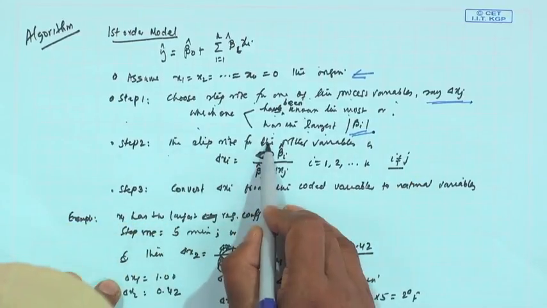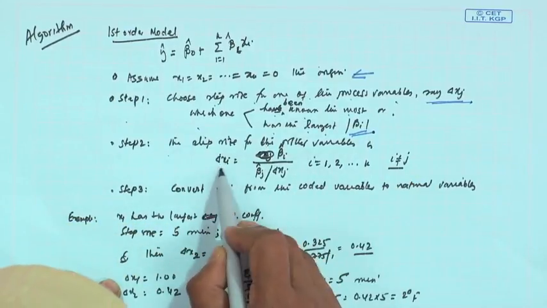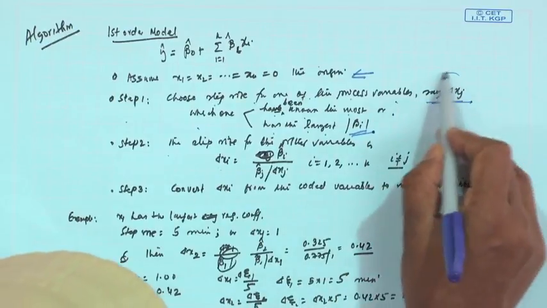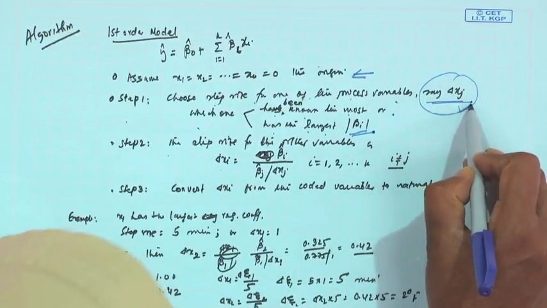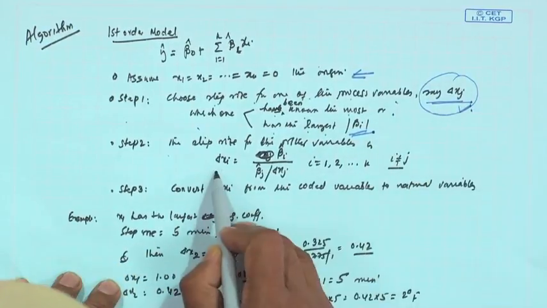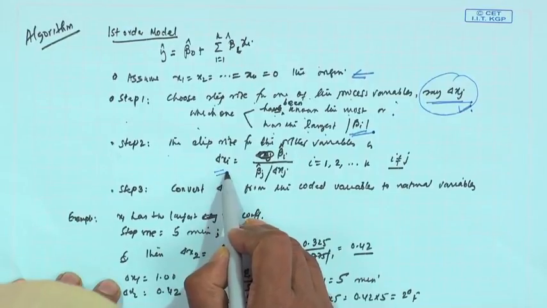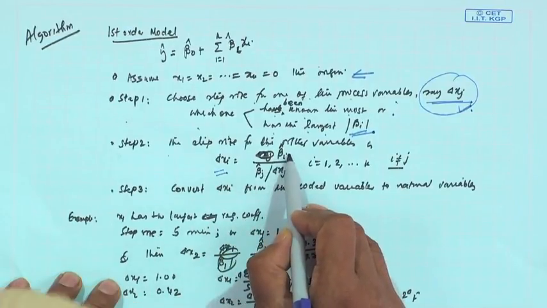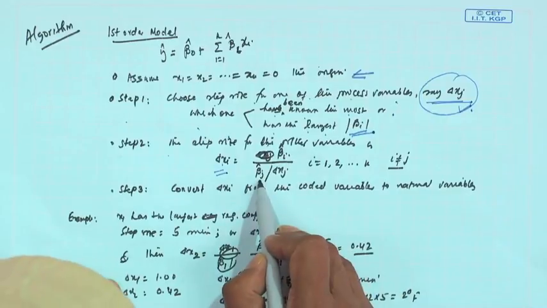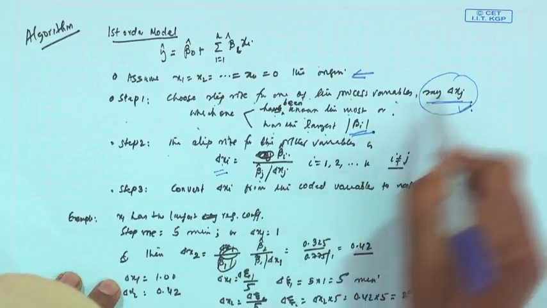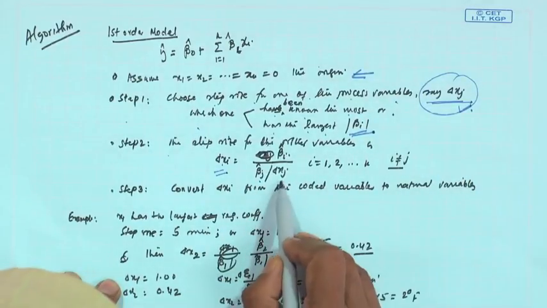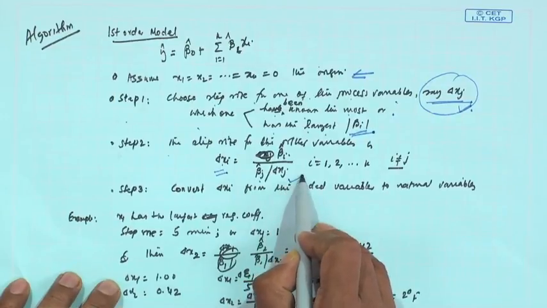Then the step size will be delta x j. Once you choose this one, the next variable's step size will be its beta i estimate divided by the estimate of the chosen one, and multiplied by its step size.